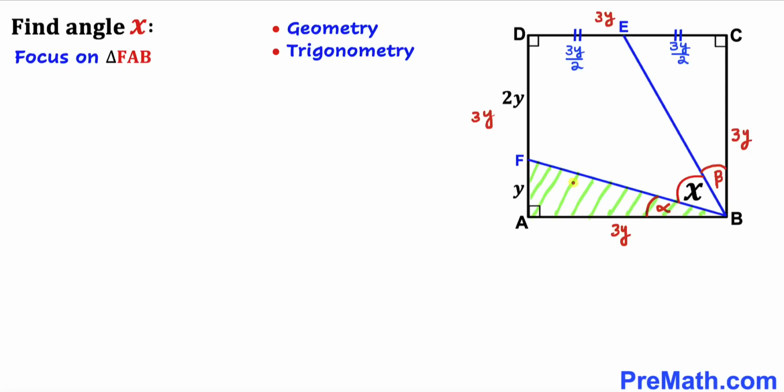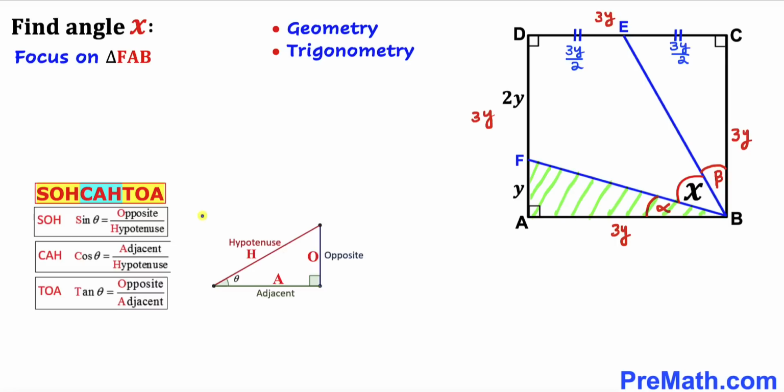And here's our next step. Let's focus on this right triangle FAB. Now let's recall SOHCAHTOA, and we are interested in tangent of theta equals opposite over adjacent. In our case, our opposite side is y and our adjacent side is 3 times y.